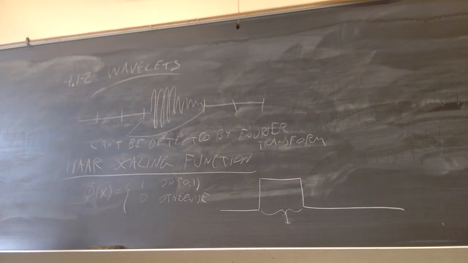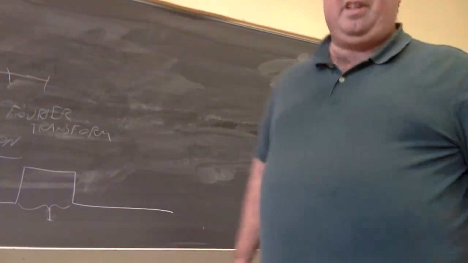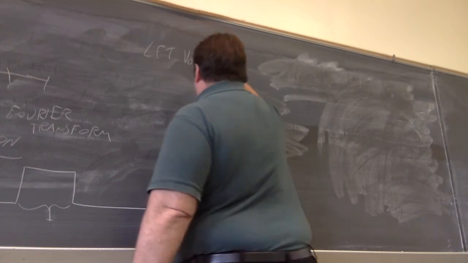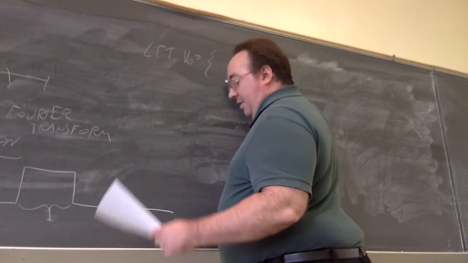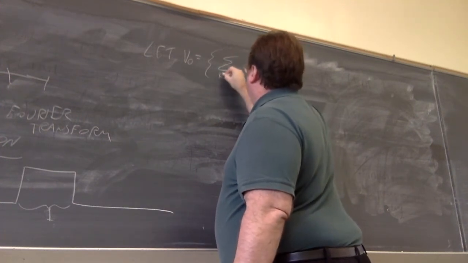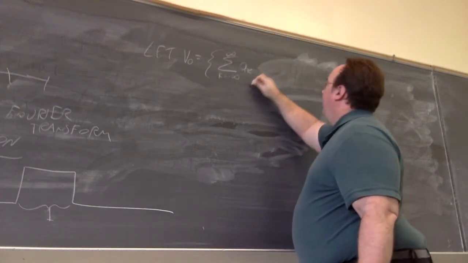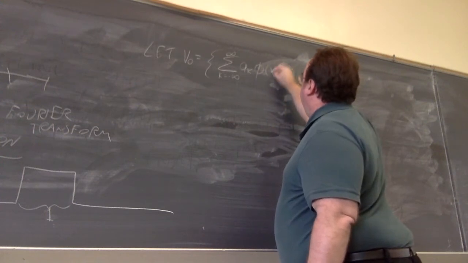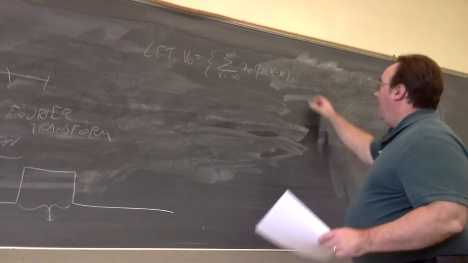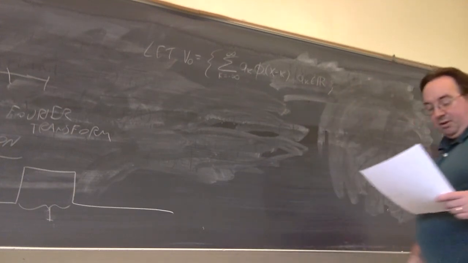Okay. So now I want to work with those kinds of functions. I'm going to define V naught to be the space of all functions of this form, where you have linear combinations of your Haar scaling function shifted by k units, where k is an integer, and we have our coefficients being real numbers.